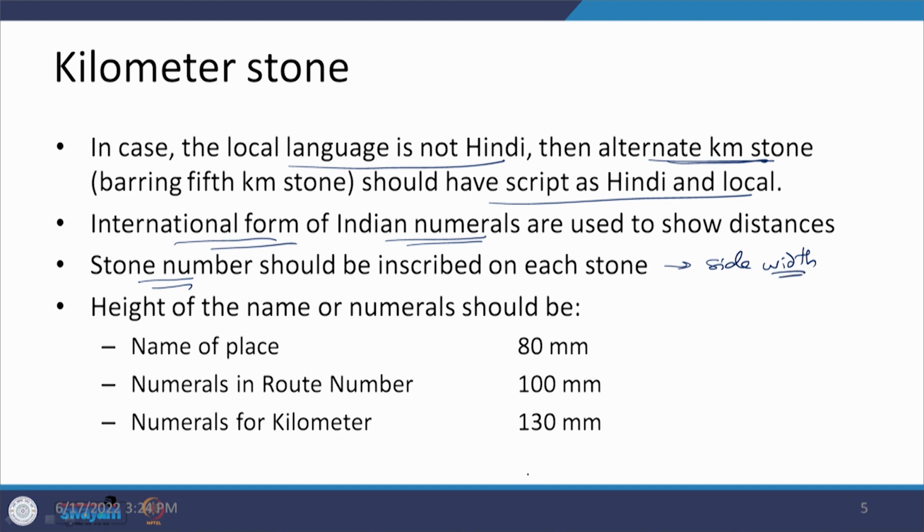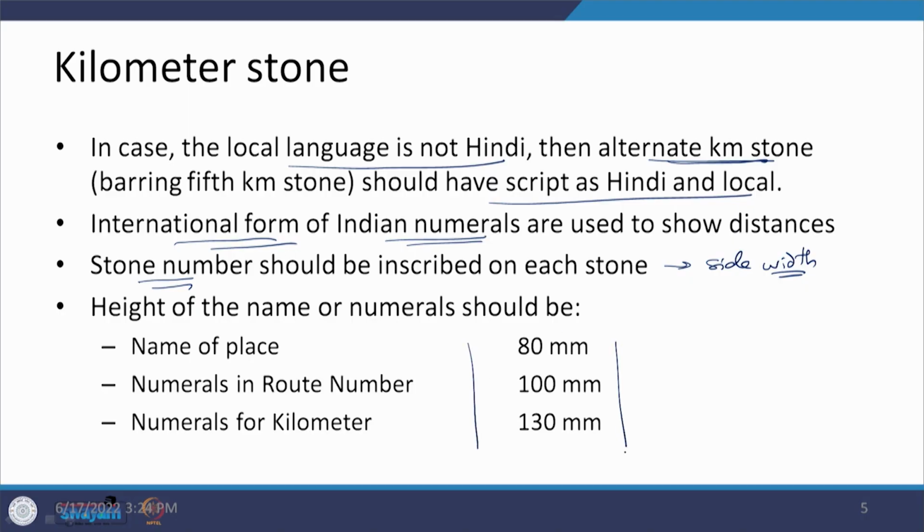On this stone we place the name of the location, the distance of that particular location or city from the point where the stone is embedded, as well as the route number. These are the three things, and accordingly the sizes are fixed.